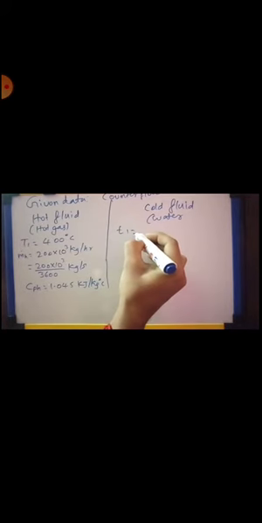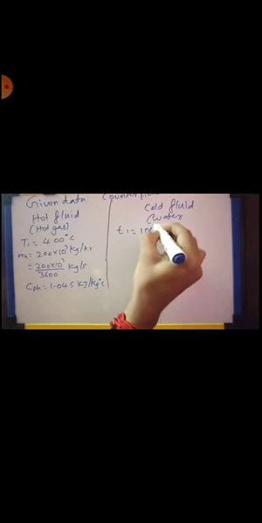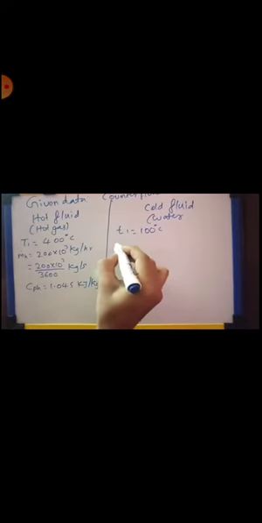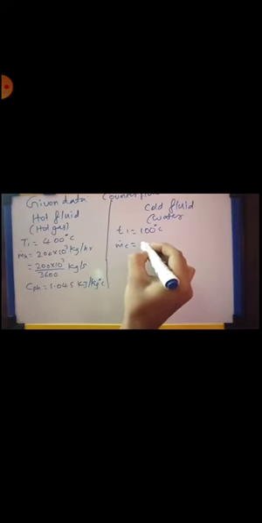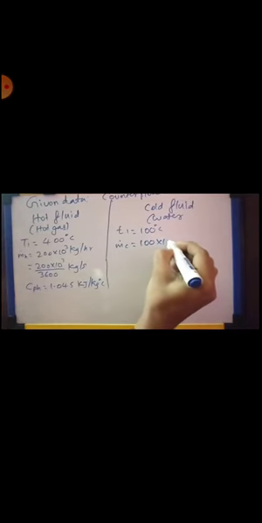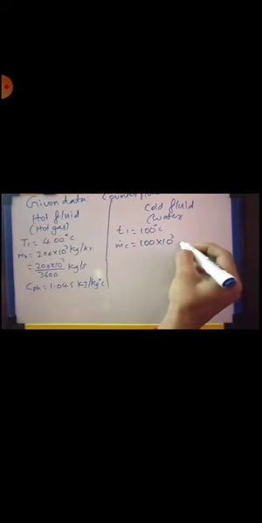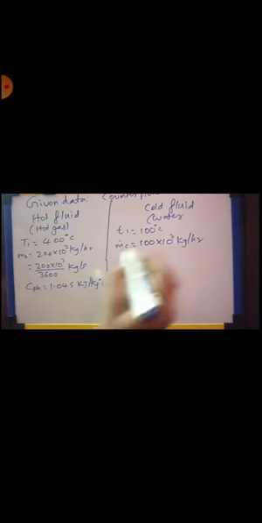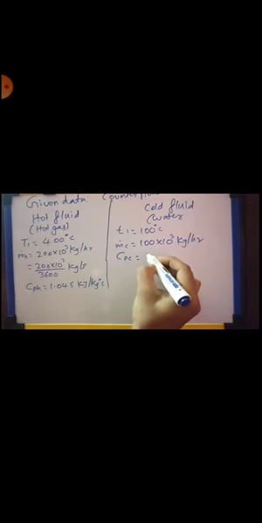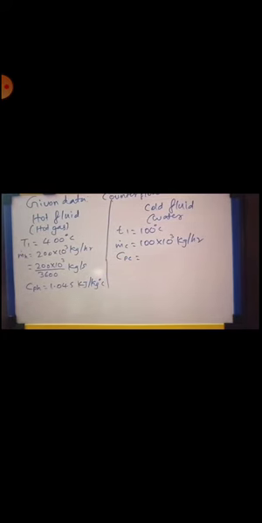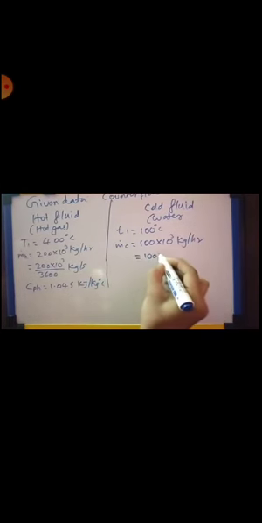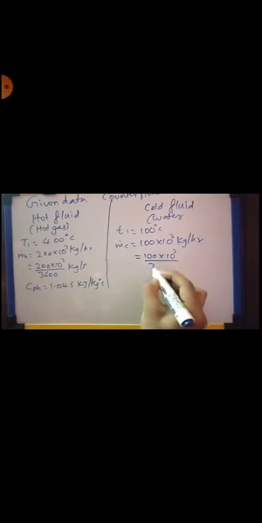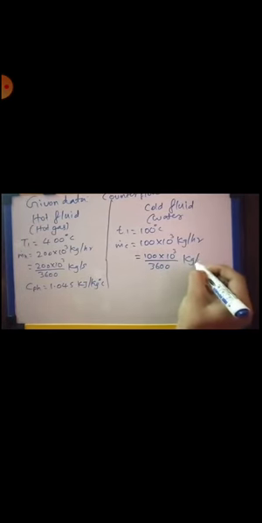Then, for the cold fluid, the inlet temperature is given as 100 degrees centigrade. Mass flow rate of cold fluid, that is m dot C, is given as 100 into 10 raised to 3 kilogram per hour, that is 100 into 10 power 3 divided by 3600 kilogram per second.